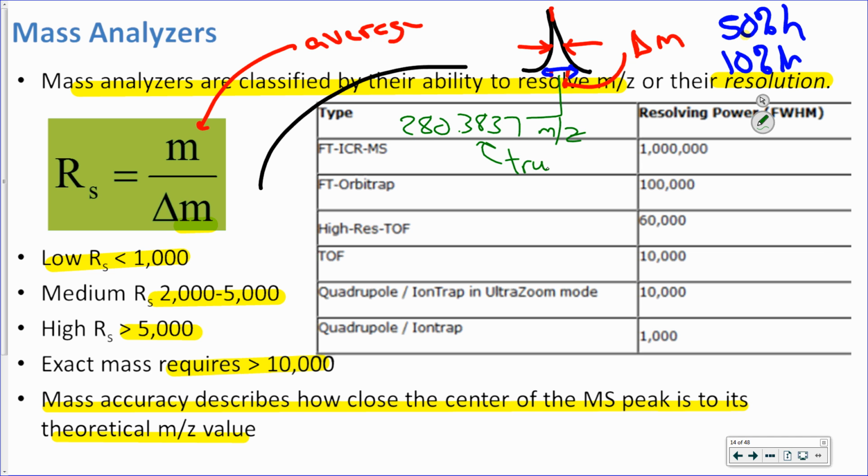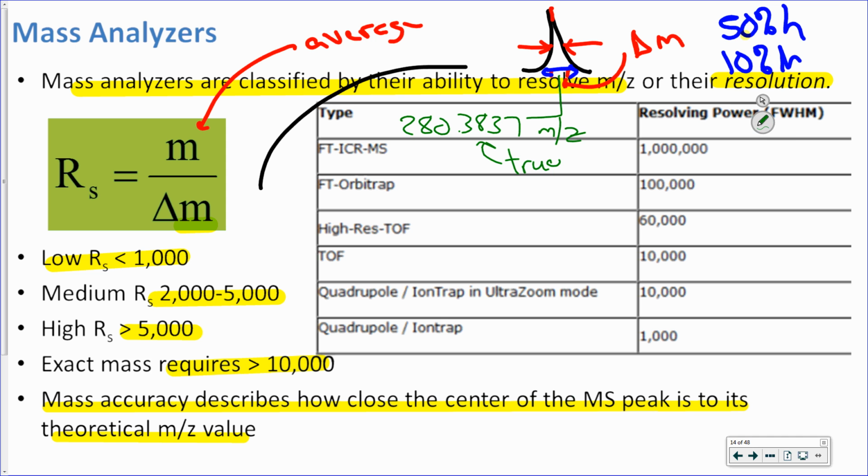All right, so mass accuracy involves that. How close is that to the true value, and the error associated with that? This is just as important, to be able to come up with that number out to several significant figures or decimal places, as it is to getting good resolution.